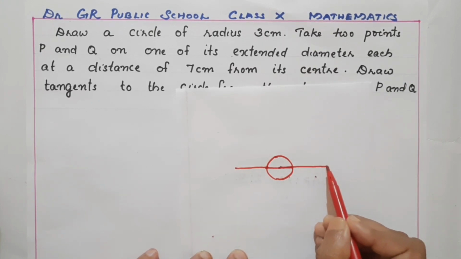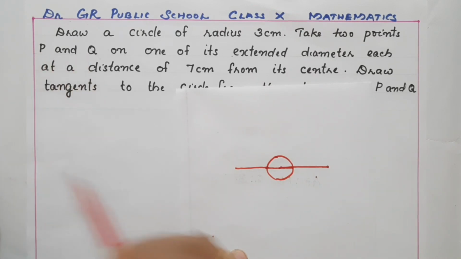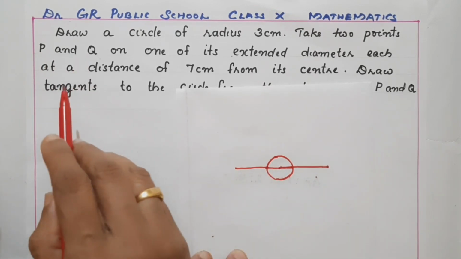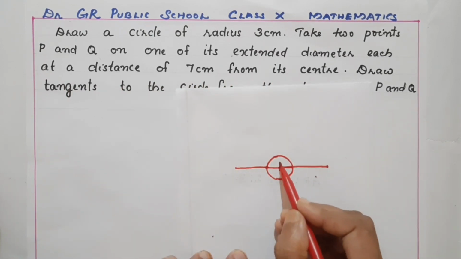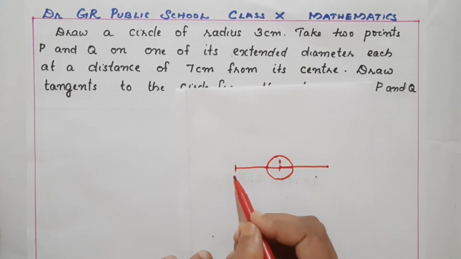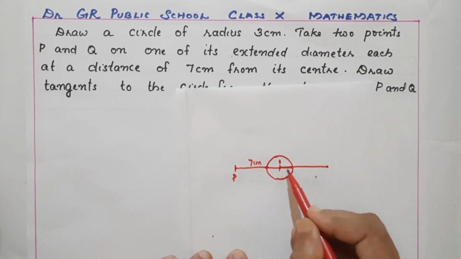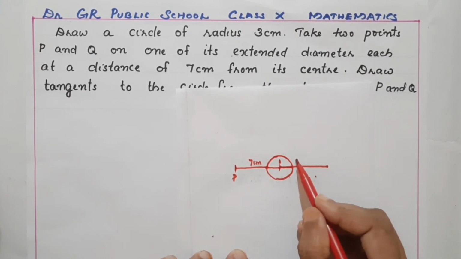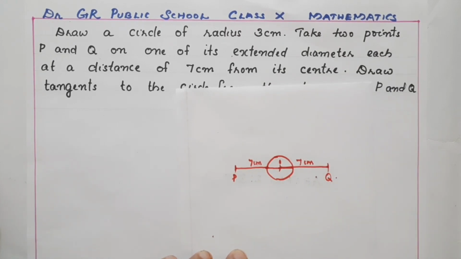Then we have to mark 2 points P and Q at a distance of 7 cm from the center. From the center O, take 7 cm and mark a point P. And here, so this is 7 cm, and by taking again 7 cm, another point Q.